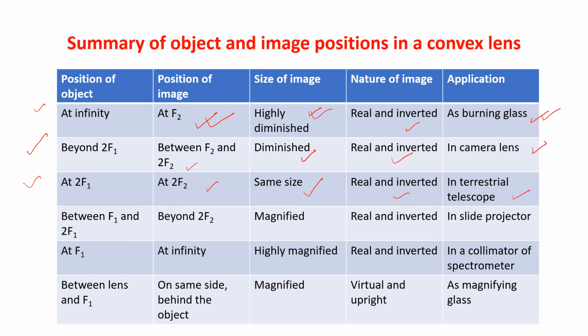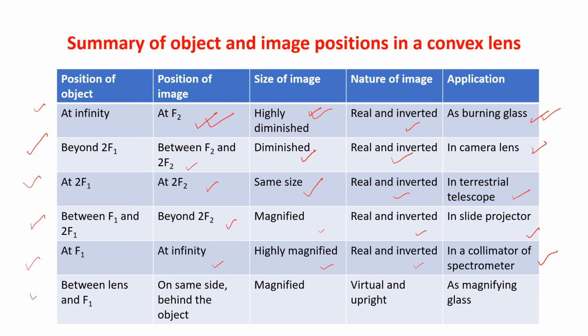If the object is in between f1 and 2f1, the image will be formed beyond 2f2. It is magnified, real and inverted, and it is used in a slide projector. If the object is at f1, then the image will be formed at infinity, but it is highly magnified. It's real and inverted. In a collimator of a spectrometer, this type is used.